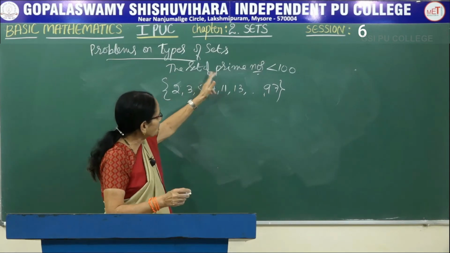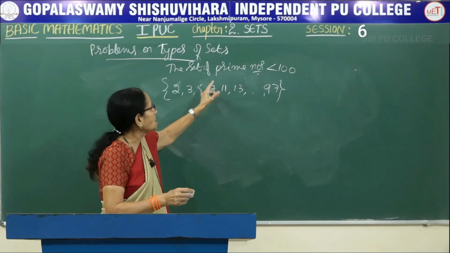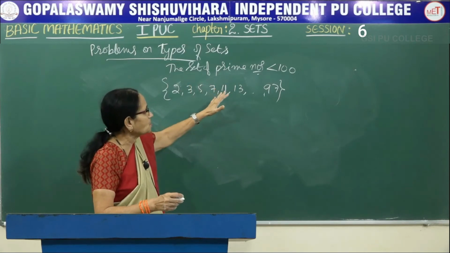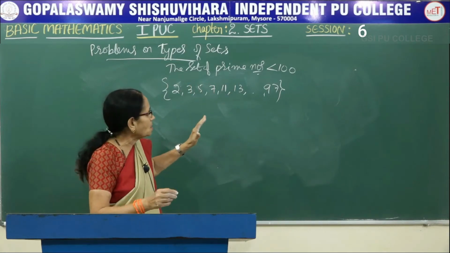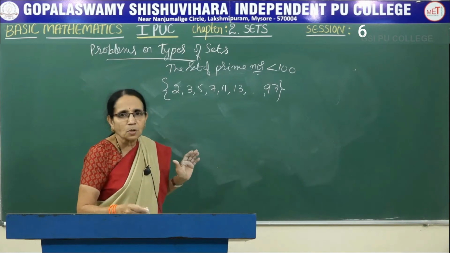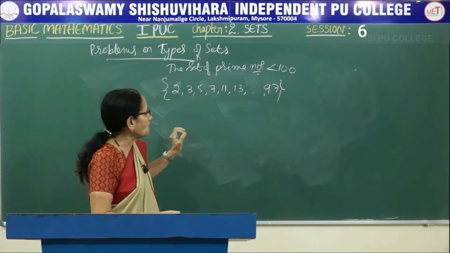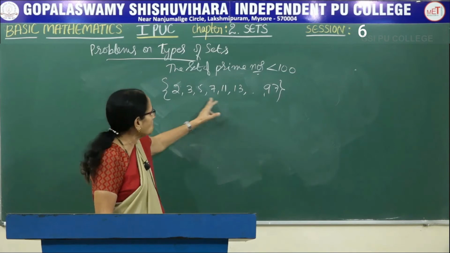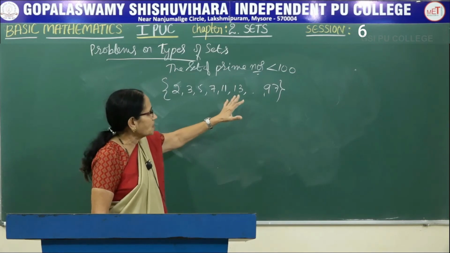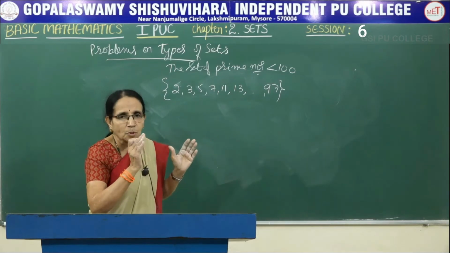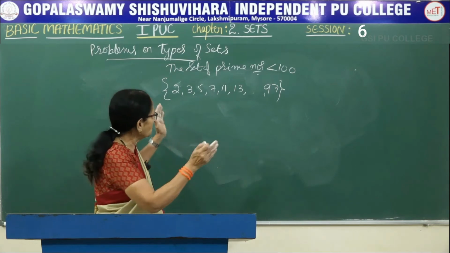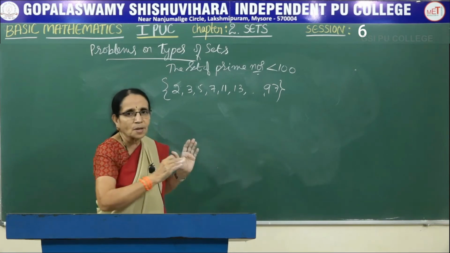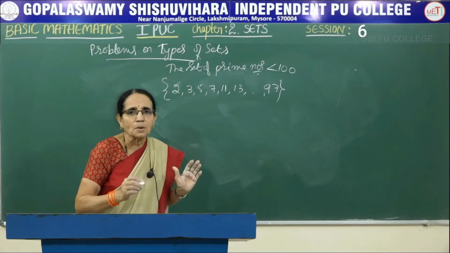Or else, looking at the statement here, we can say the set of prime numbers less than 100 will certainly be a finite set, because we will be knowing the exact number of elements that belong to it. You need not count and write them, because there is a limit here. Up to 100, within 100, we will be knowing the exact number of elements.